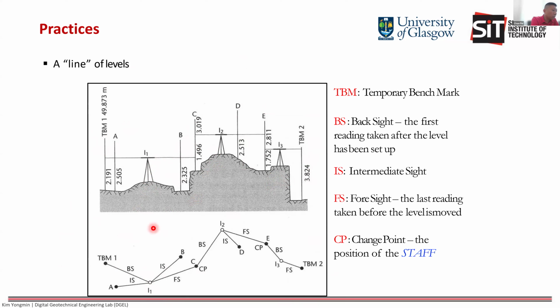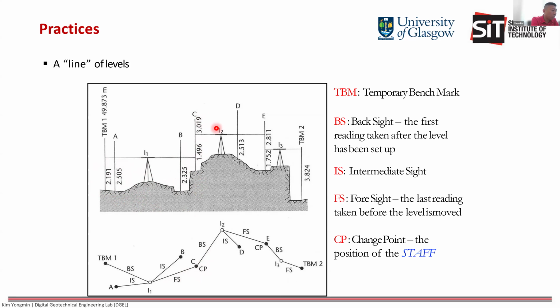The process is always that you set up your level at L1, read the benchmark first as your backsight, and here is your reading. Then you read your intermediate points: the intermediate sight at A is 2.505, and then B, and then C. C will be your foresight because this is the last point that you read. So this C will be a change point.